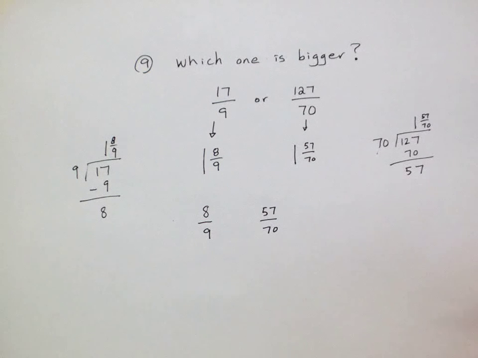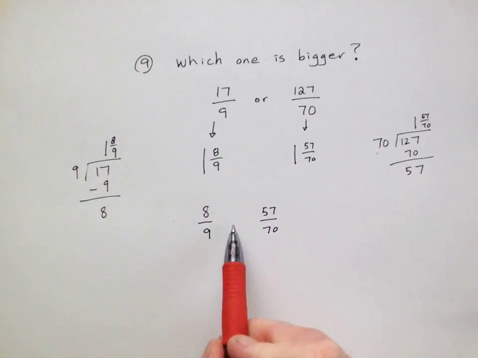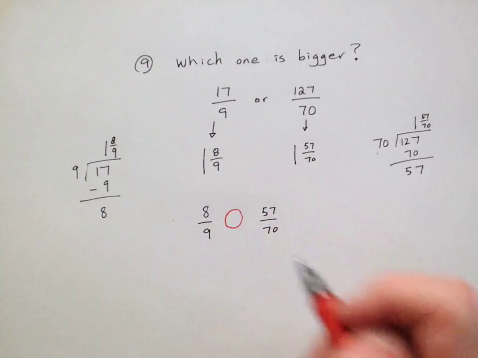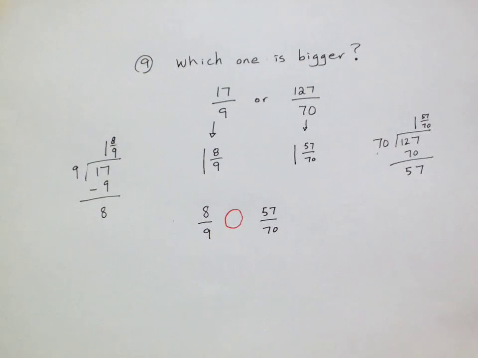Well, here's one way you could do it that we actually haven't covered in class yet. Right here is supposed to be the symbol less than or greater than. But I don't know what it is right now, so I'm going to just put an open circle saying I'll put the answer right there in a second. Then what you do is cross multiply.